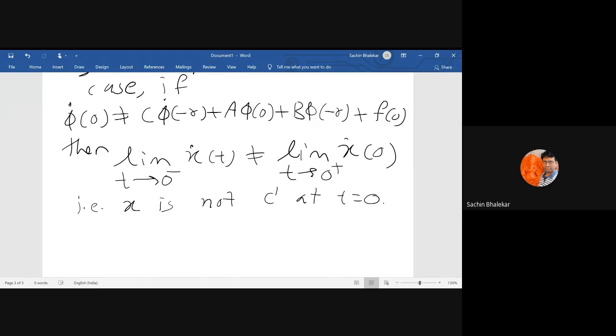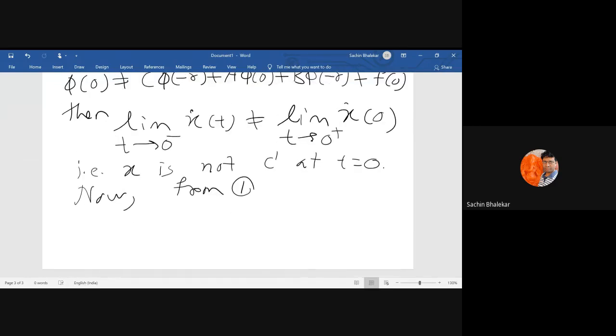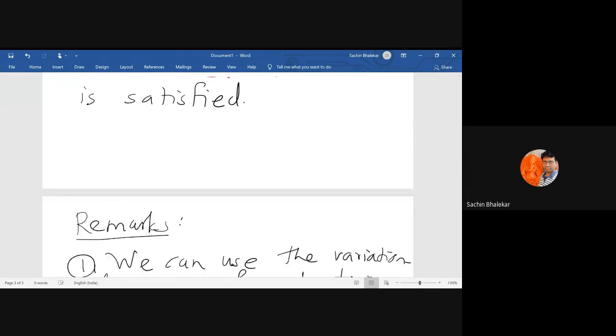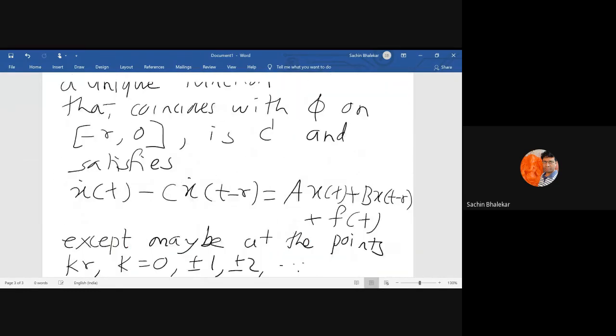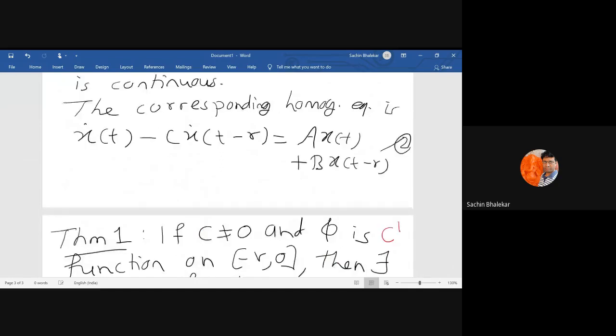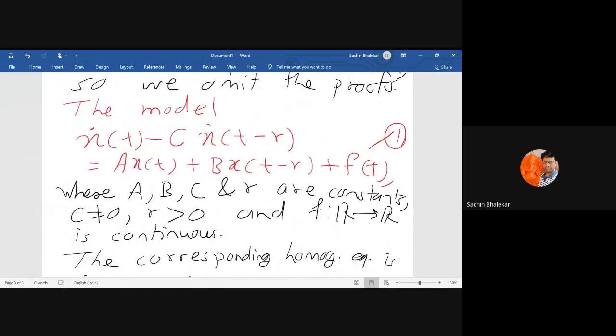Now from equation 1, what is x dot of r? What is the derivative of the solution at the point r? If we check equation 1, then we can see that this is nothing but c times phi dot of 0.